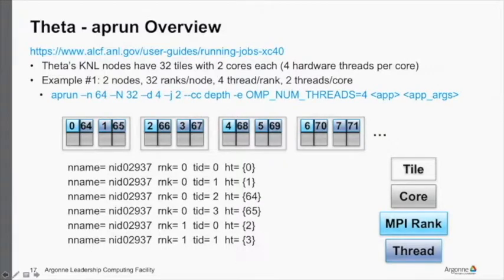In the second example, again, we're running with 2 nodes. In this case, we're going to run with only 32 MPI ranks per node. We're going to run with 4 OpenMP threads per rank, but we're only going to use 2 hyperthreads per core.